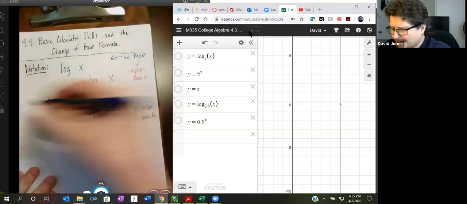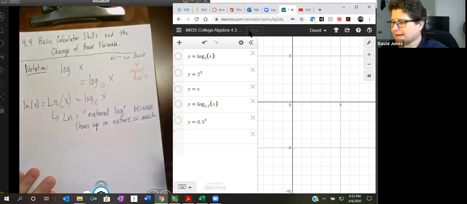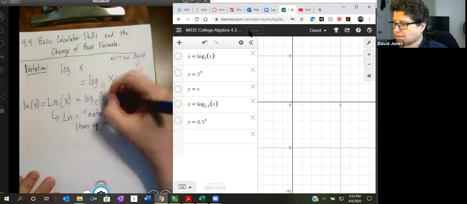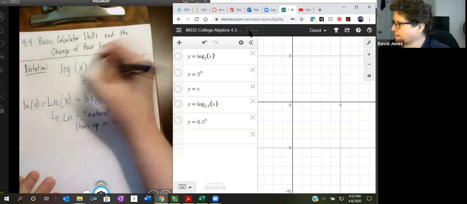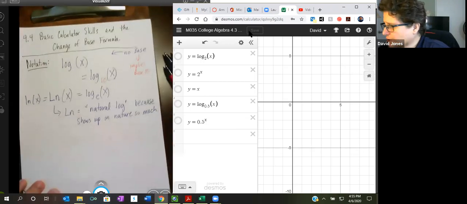So ln of x, also ln of x like that. It's all the same. So let's look at, we're doing some stuff with logs, then we'll shift to doing their calculator versions.